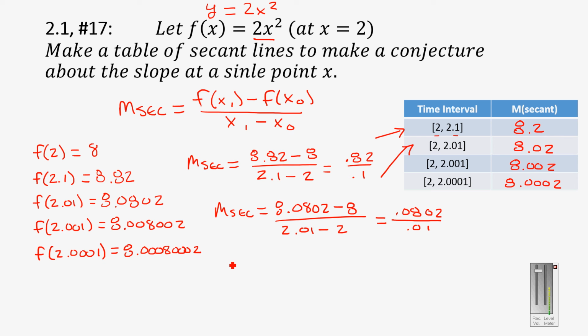So then we can say that the slope at x equals 2 is equal to, we would say 8. Okay, we're going to guess that as we get closer and closer and closer to 2, this number is getting closer and closer to 8. So the m at x equals 2 is approximately 8. So that's 2.1, number 17.